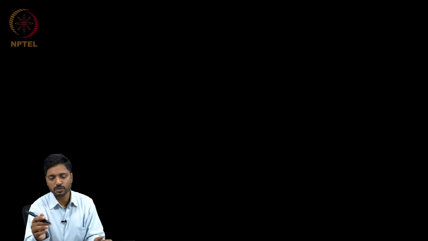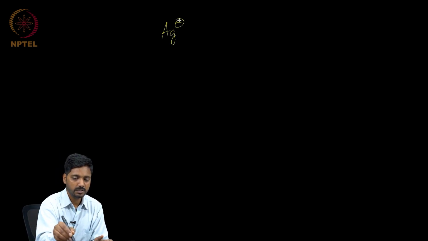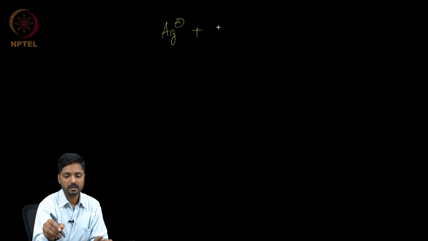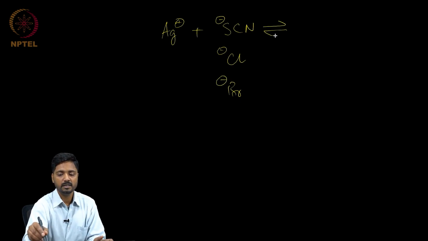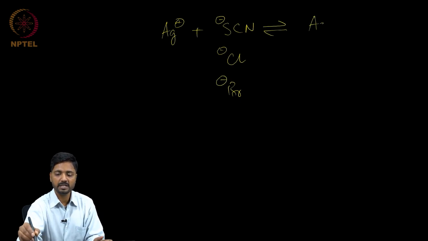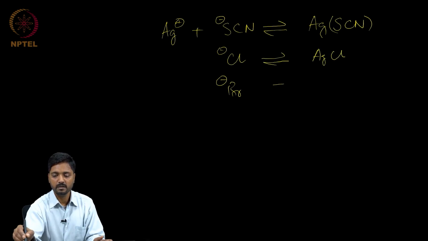So, this titration is also very similar to the acid base titration, in that we have the silver ions undergoing reaction with either the thiocyanate or the chloride ions or the bromide anions, and this is an equilibrium reaction where we have the formation of either silver thiocyanate, silver chloride or silver bromide.